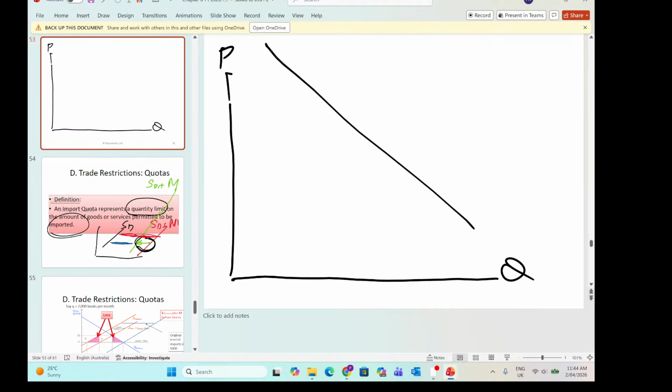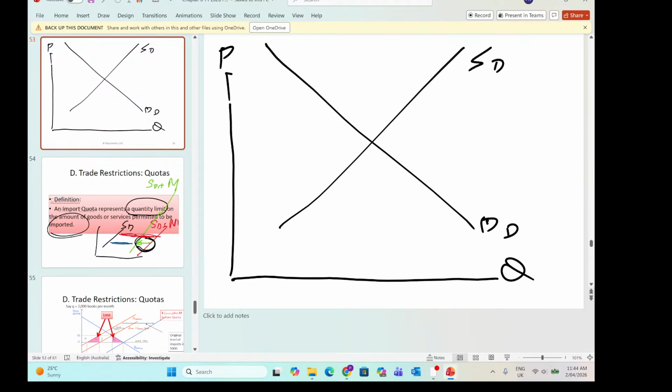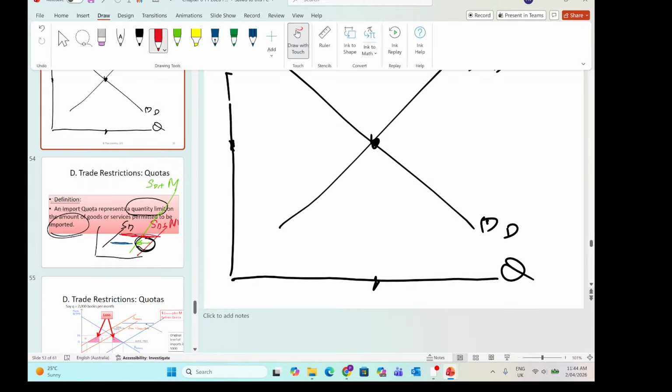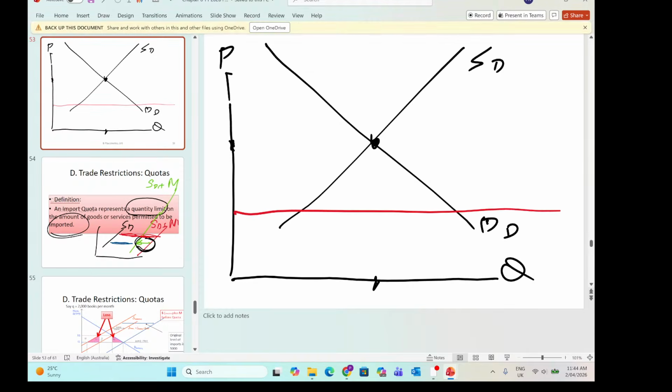We have a domestic demand and a domestic supply. So there's our supply, domestic demand, DD. Our equilibrium normally would be where the dot is. We'd have an equilibrium price. I'm just putting a little dot on the vertical axis and an equilibrium quantity on the horizontal axis. I don't really want to label them because in free trade, we're not operating at that level. In free trade, we're operating down here at the world price.